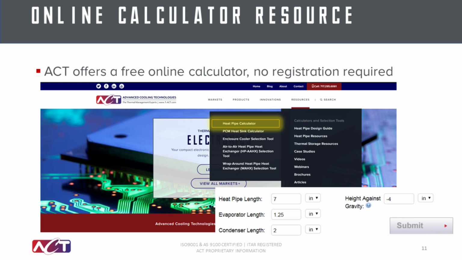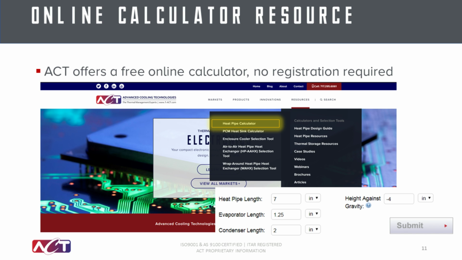So when you click on this, you'll get a chart with a few inputs that you need to provide. Nominally the heat pipe length, the length of the evaporator, the length of the condenser, and the height against gravity. We've noted height against gravity as a negative number on this slide since the example I showed on the previous page is operating gravity aided.